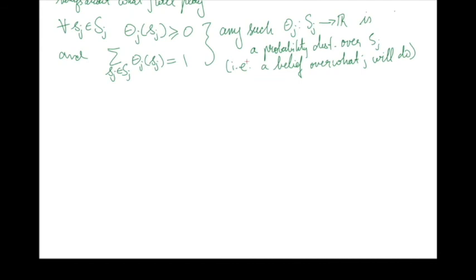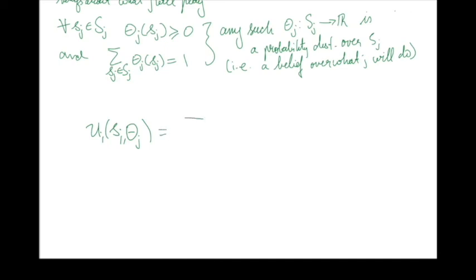If player I has belief theta j about player J's actions, then we'll write down his utility or his payoff from choosing the strategy Si, given his beliefs theta j over what j is going to do, as follows.